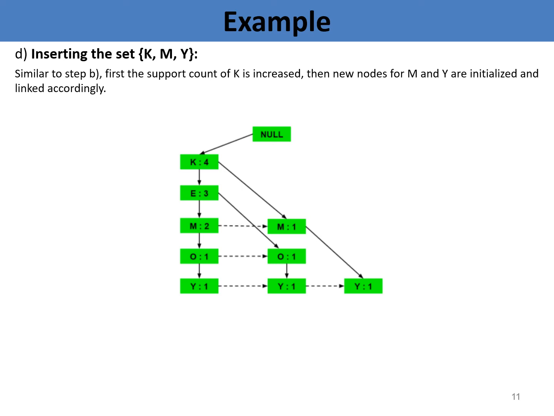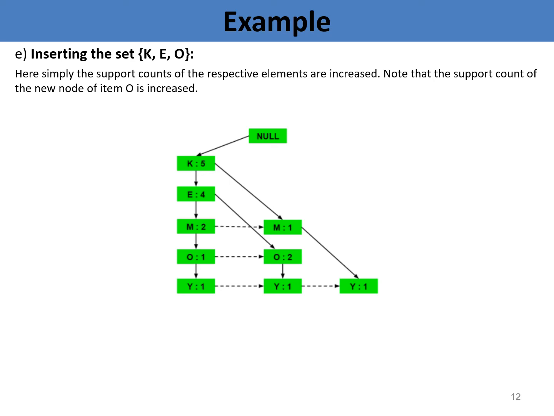So we will make a new node M and mention its support as 1 and associate it with this M. And in the same way, next is Y. So Y is not directly attached with M. So we will make a new node for Y and attach it directly with M and mention its frequency as 1 and associate it with the previous Y.